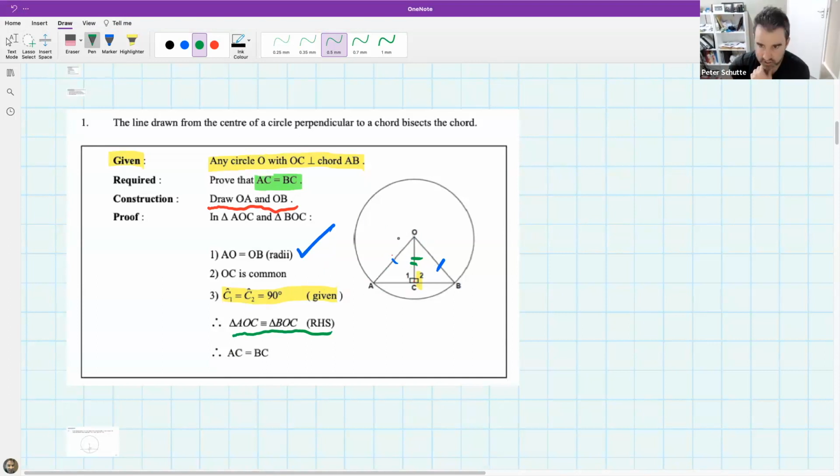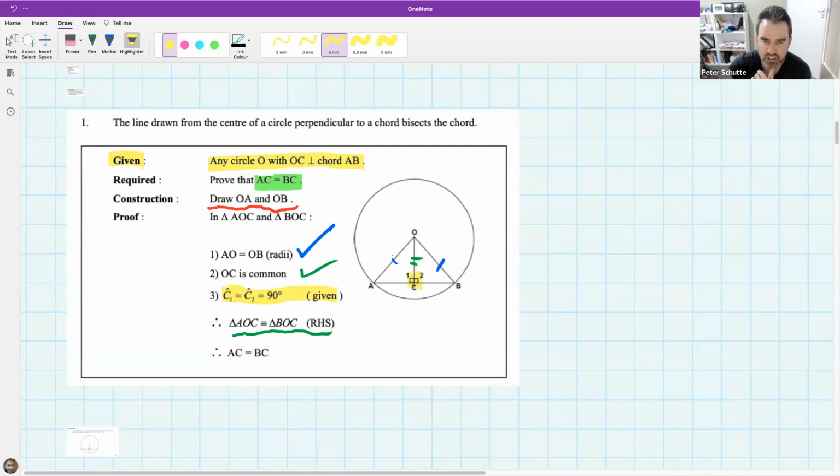Okay, now the last step. Can I please repeat RHS? I can. If you look at the 3 pieces of information we're given, AO is equal to OB. That's the blue bits here. We're given that OC is common, which is the line in between. So we've got these two sides. But remember, we're comparing triangle AOC and BOC. Now, we don't have the angle between the two known sides, so we can't use SAS. But what we do know is at the beginning, we said there's a right angle down here.